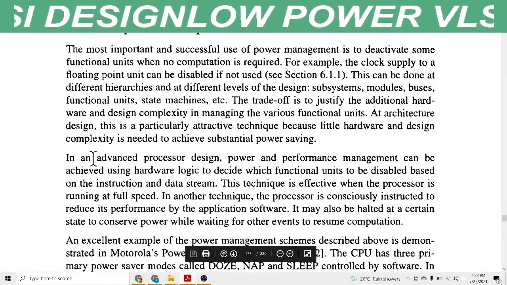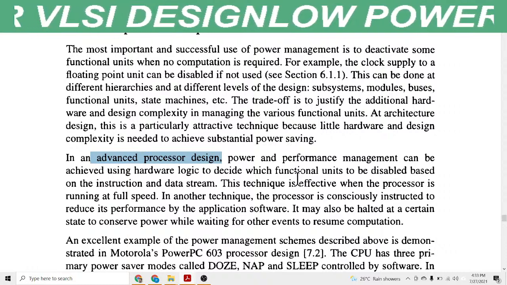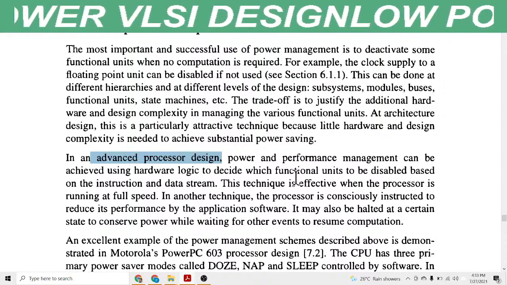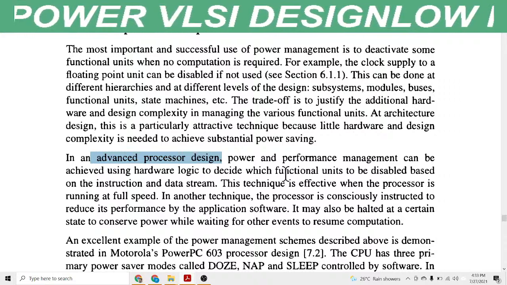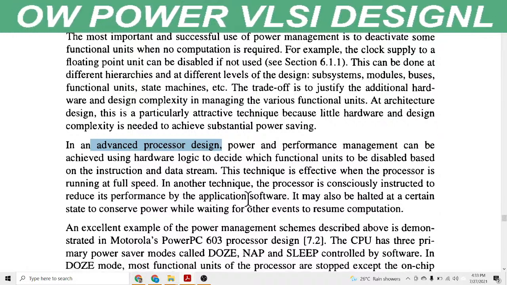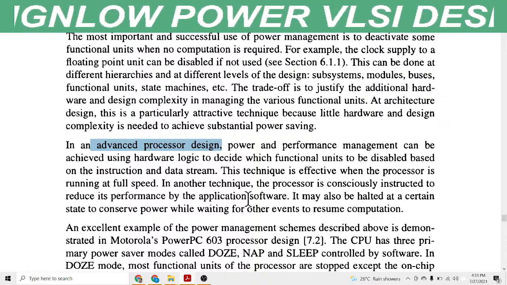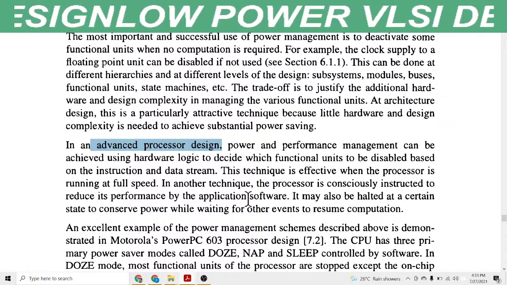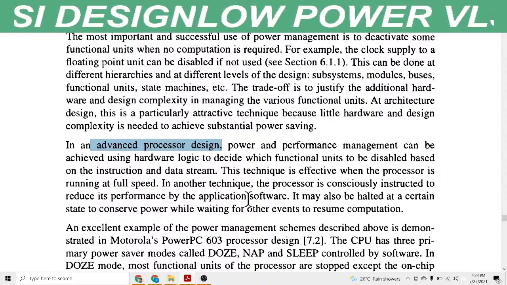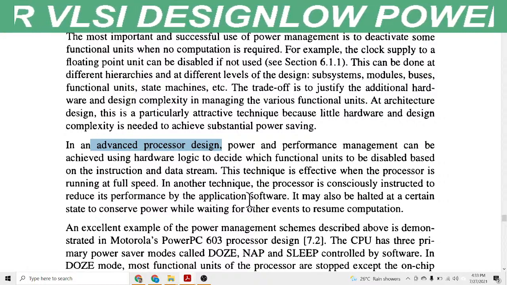Okay, so in advanced processor design, power and performance management can be achieved in the hardware logic. It means that we can use some hardware to manage the power, or we can use some application software to manage this power consumption.